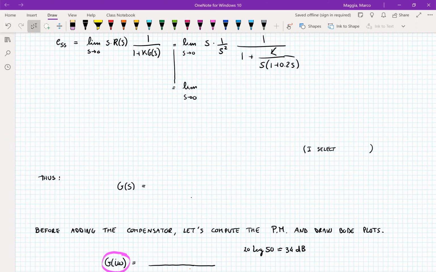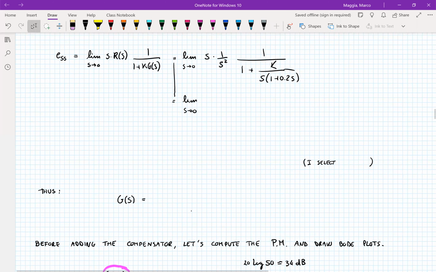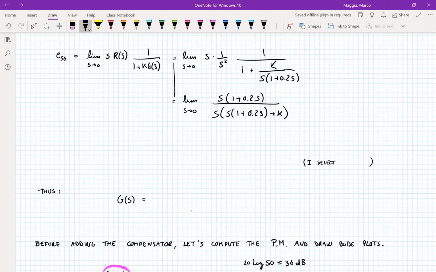Multiplying everything, denominator and numerator, by s times (1 plus 0.2 s), we have s times (1 plus 0.2 s) over s times s. Okay, s and s go away.